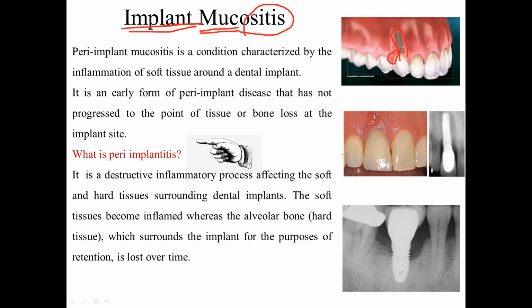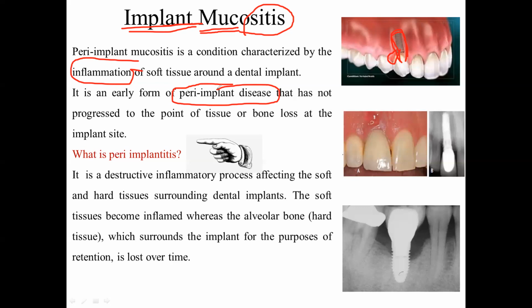So implant mucositis is an inflammatory condition that occurs around the implant, which is embedded into your bone. We also call them peri-implant disease or peri-implantitis. Peri means around the implant.